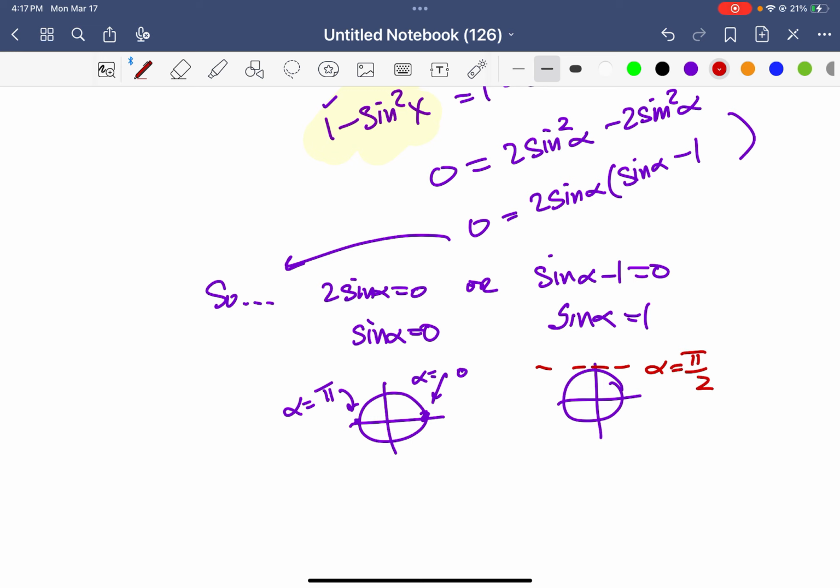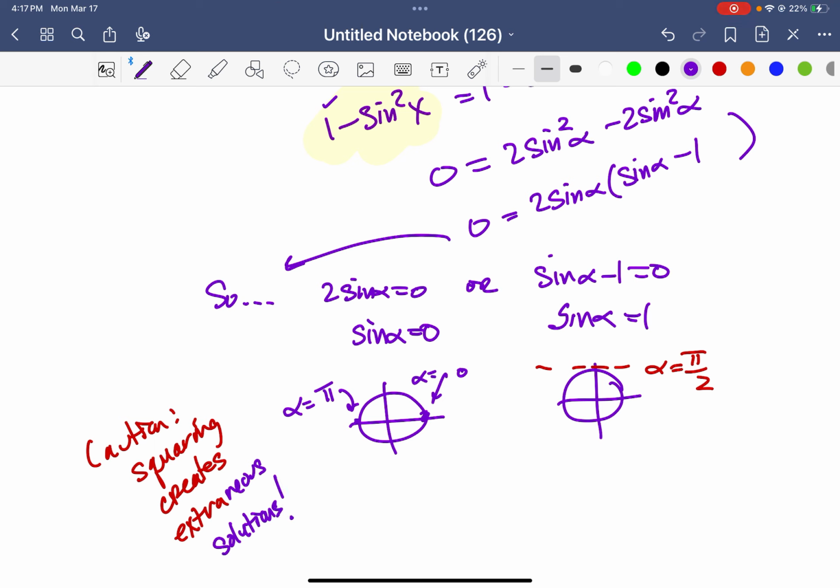But then we have to be careful. Caution, squaring creates extraneous solutions. So extra or extraneous solutions.